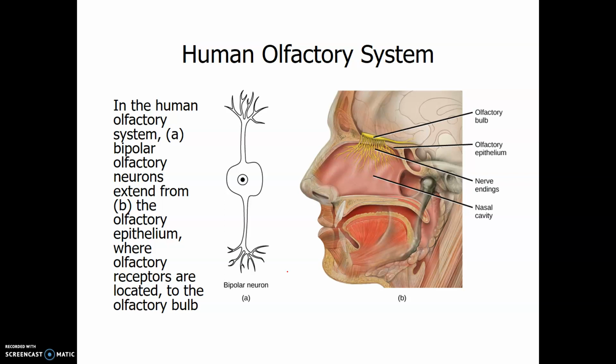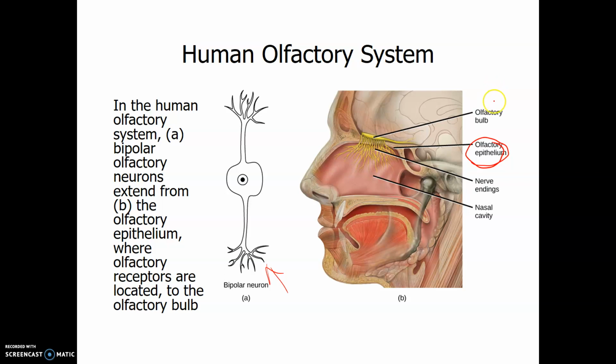So the human olfactory system contains bipolar neurons, which look like this, and all of those neurons extend from the olfactory epithelium, where the olfactory receptors are located, to the olfactory bulb.